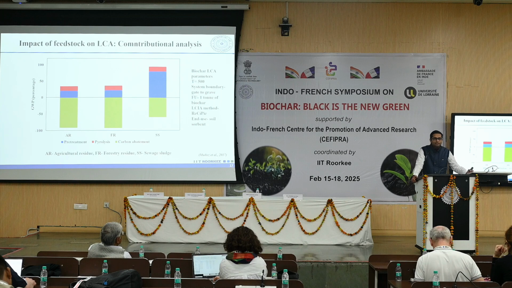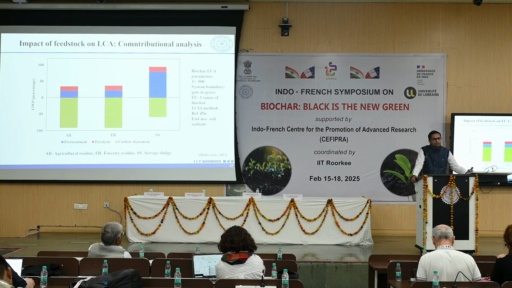The normal assumption is that 70% of the carbon is biogenic and 30% of the char comes from the different processes that led to the production of char in the first place. So if we compare the results of agricultural residues and forest residues, there are negative emissions because of carbon sequestration, which happens to be lesser in the case of sewage sludge. So the total emissions from biochar production from sewage sludge happen to be somewhat higher as compared to agriculture or forest.